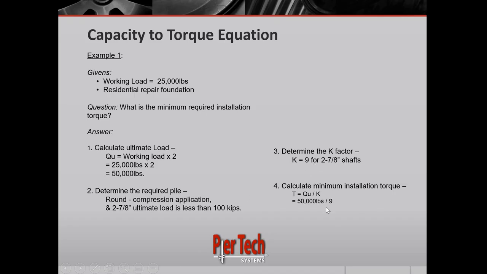So 50,000 divided by 9 is approximately 5,600 foot-pounds. If you've calculated 5,500, that will be difficult to precisely read on your pressure gauges, so you can always round it up to 5,600 in that scenario.